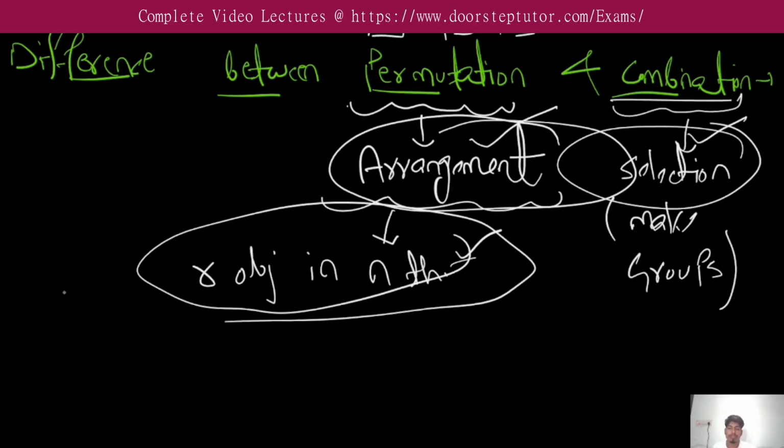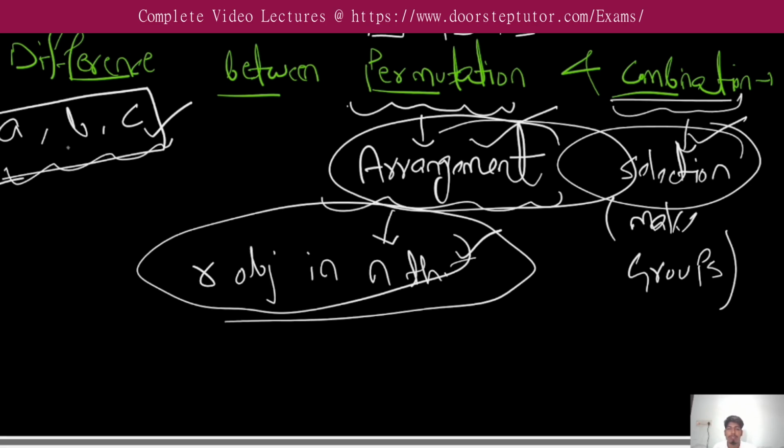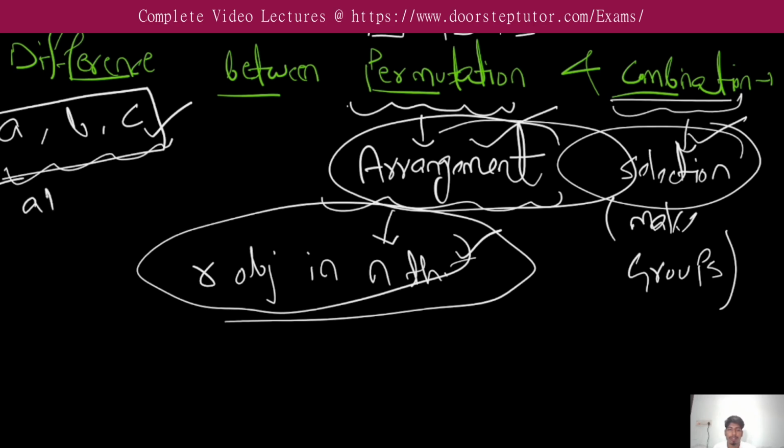Now let me give an example. If I take these three alphabets A, B, C and ask for different arrangements, you can give AB, BC, and AC. But AB and BA are different arrangements, because in one A is first and in the other B is first.